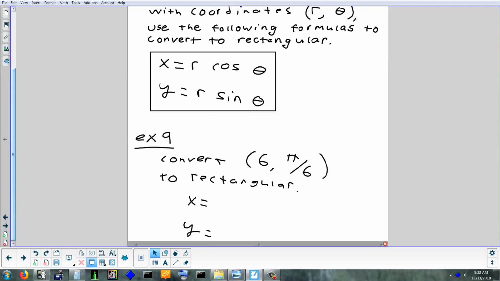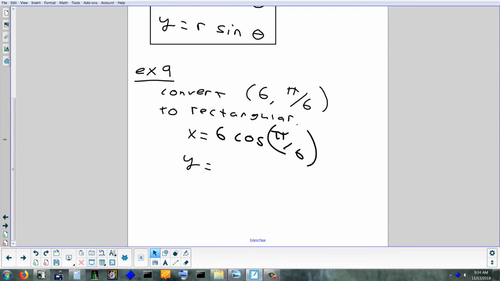Okay, so can somebody tell me what the calculation would be for x? Just filling in my r and my theta. Yeah, Scott? 6 cosine pi over 6.